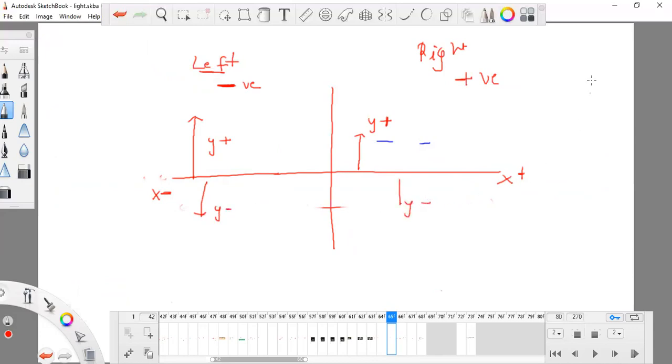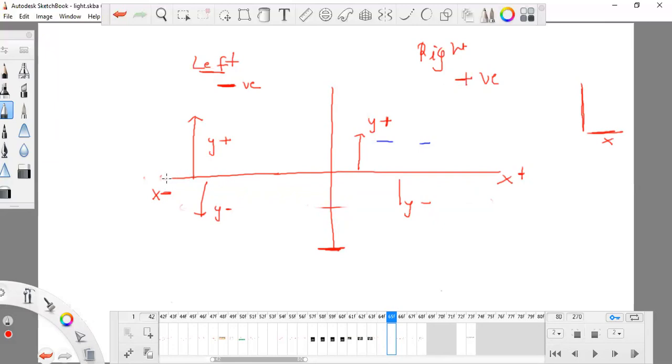Remember that the y-axis runs vertically and the x-axis runs horizontally. This is my partition zone, which decides that anything towards the left on the x-axis will be negative, and anything on the right side of this on the x-axis will be positive.